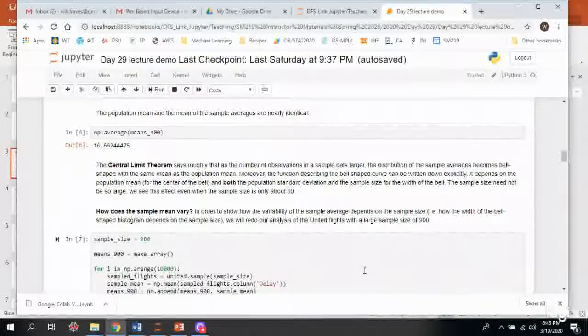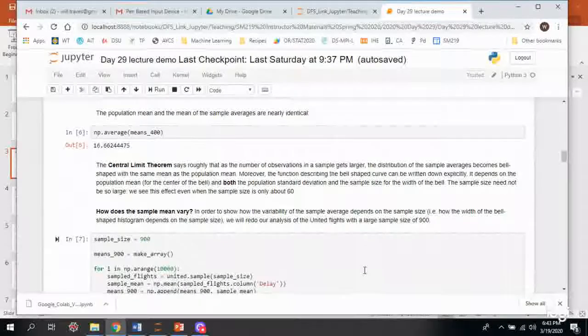So whereas the mean of the bell-shaped distribution doesn't depend on the sample size, the width of the bell-shaped distribution does depend on the sample size.